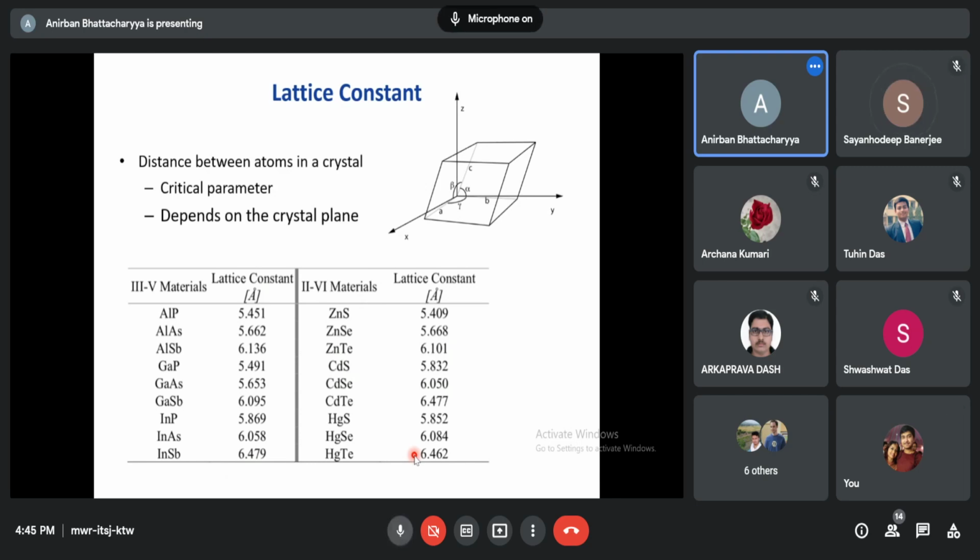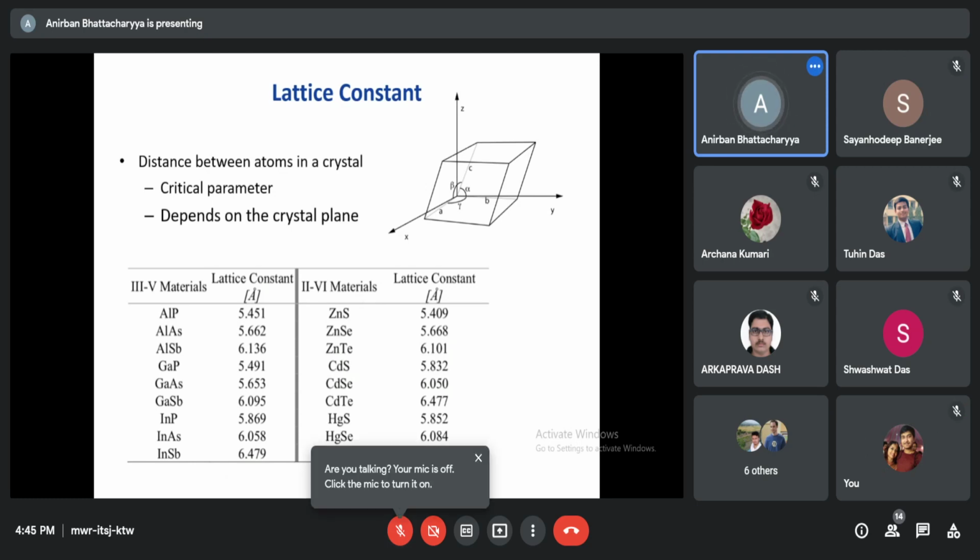Yes, sir. That is because, of course, the atomic diameters are not hugely different. That is the reason the lattice constants have a particular value. So based on this, the idea is that the crystals are related to bond length, that is the distance between two atoms when they are stable.